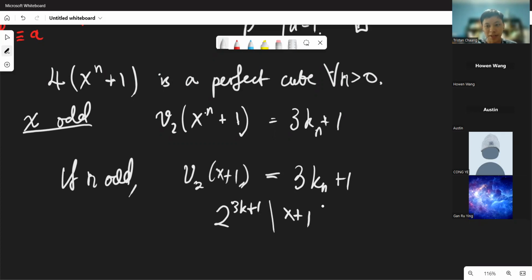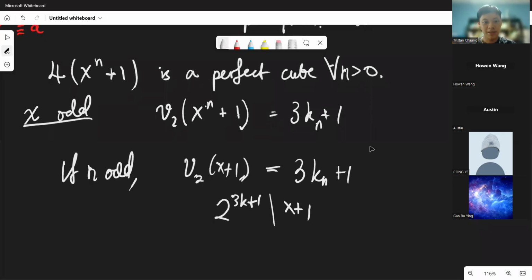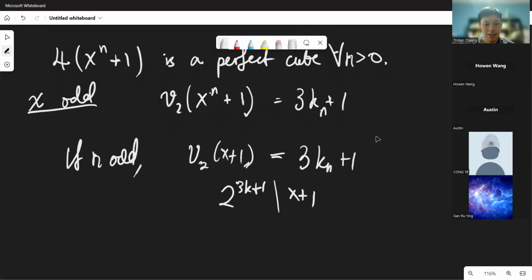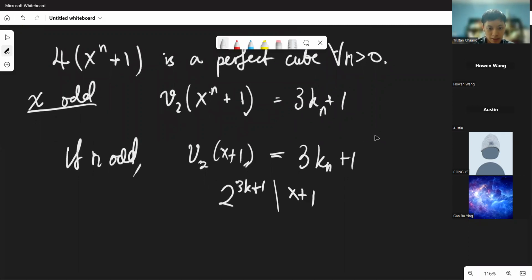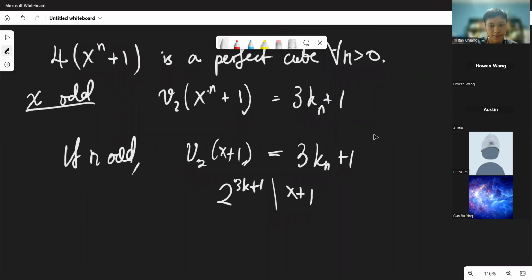How about we look at some other VPs? Let's look at some other VPs. I think by looking at other VPs, we can eliminate quite a lot of things, quite a lot of x's. So let p, which is greater than 2, be prime.